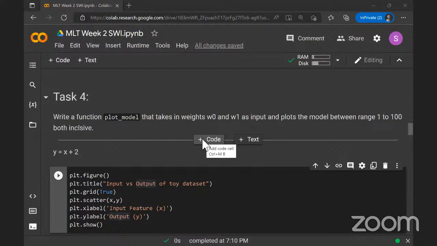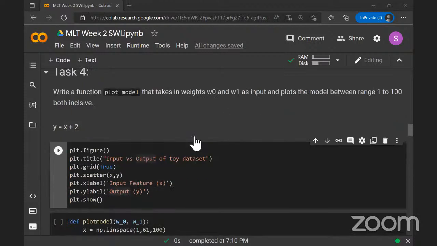That's what we need to create. Please write your answers in the chat box.